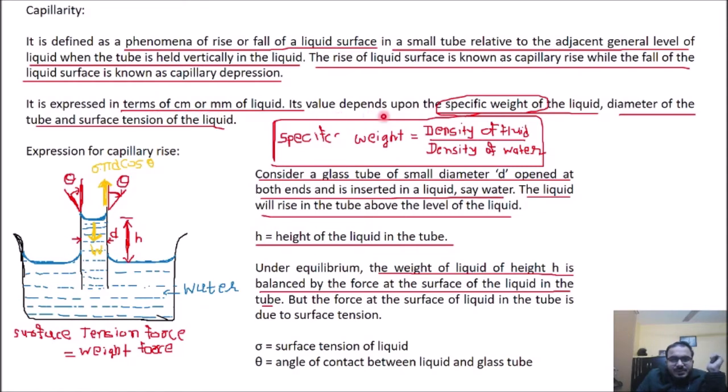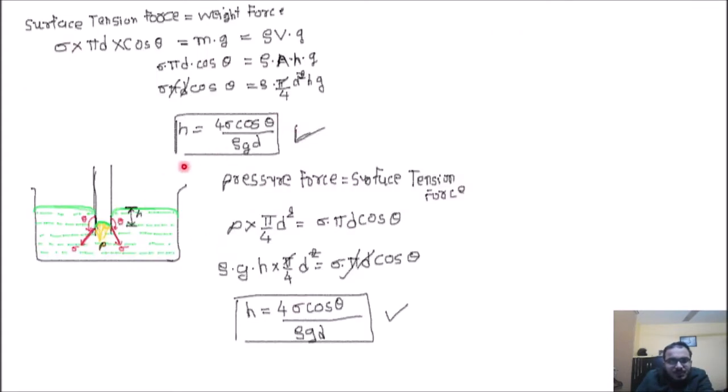As you can see, it depends on specific weight of liquid, diameter of tube and surface tension of liquid. And we proved the formula for capillary rise as well as capillary fall or depression. Both equations are the same. The only difference is in the angle theta.